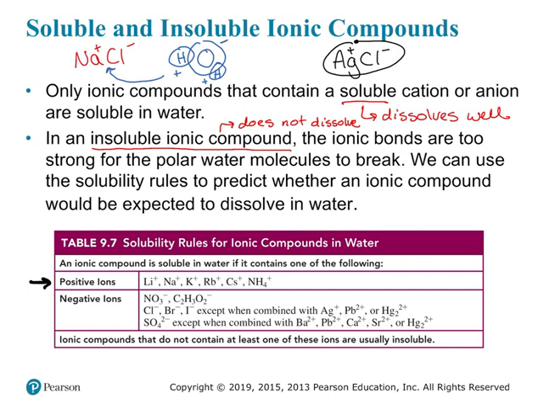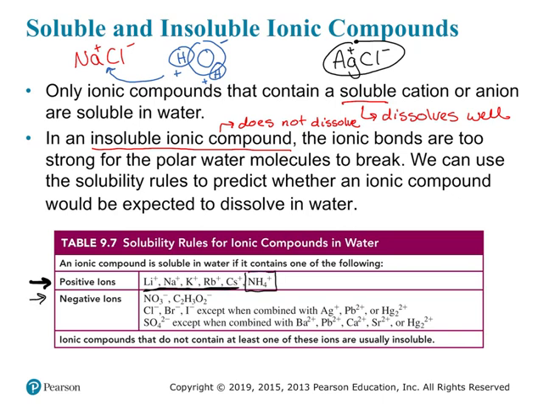Under positive ions, we have lithium, sodium, potassium, rubidium, cesium, and ammonium. Notice that these are all alkali metals in group 1A, except for ammonium, which is a polyatomic ion.